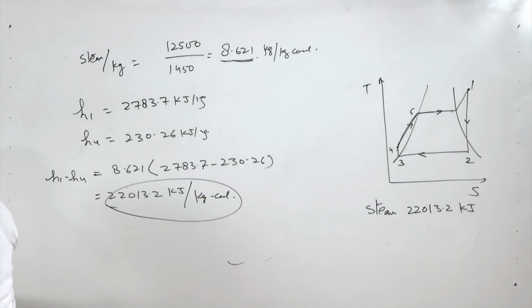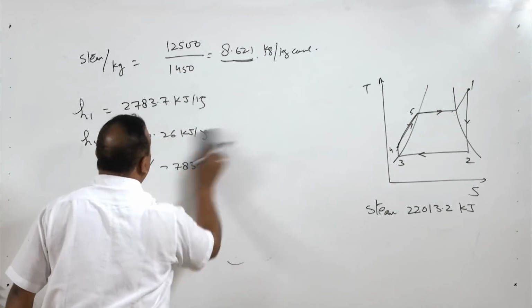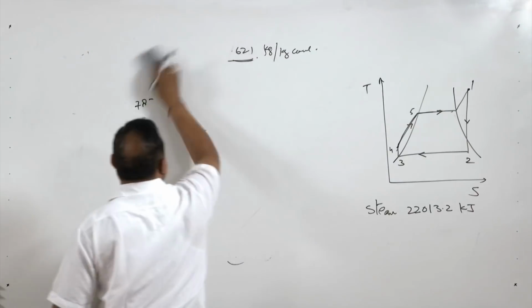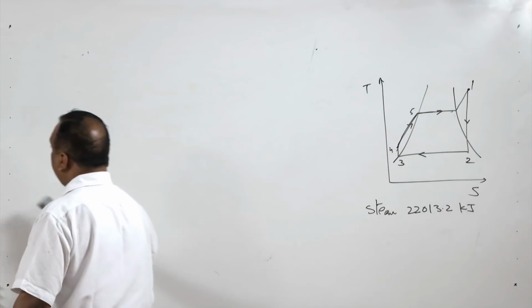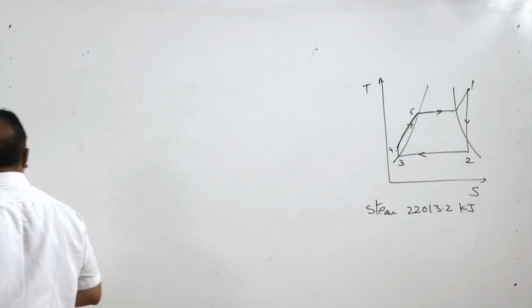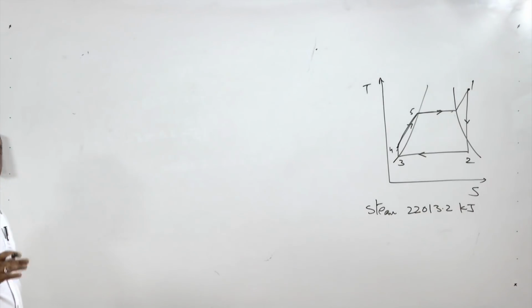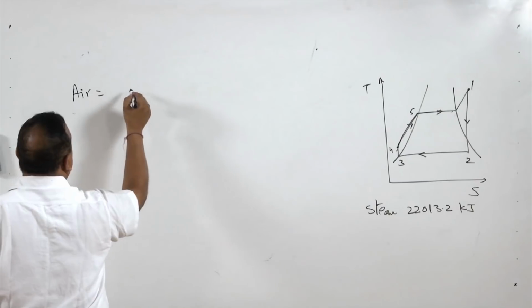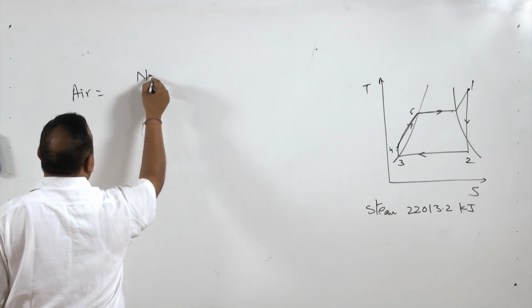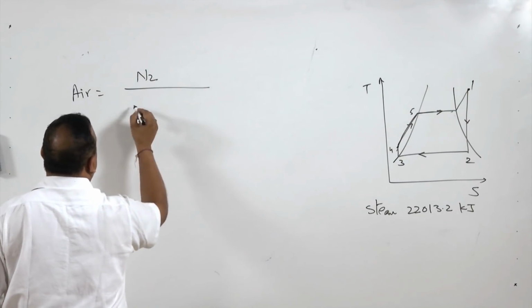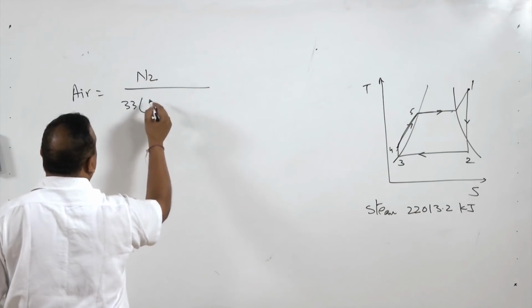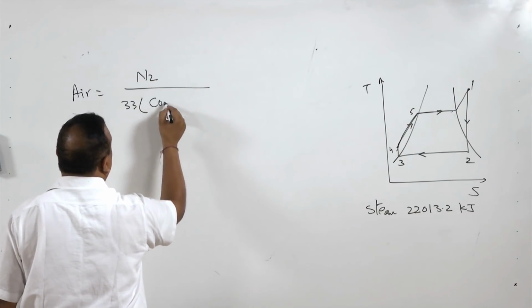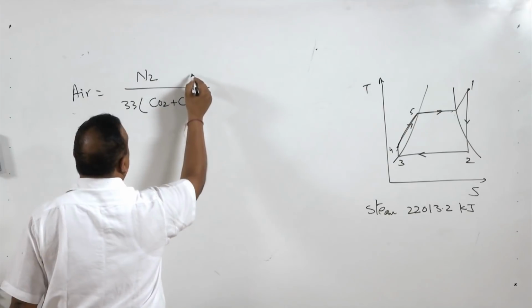Now air supplied. How much air is supplied for burning the fuel? Earlier we have already done a derivation, and using that formula we can easily find how much air is supplied. Air supplied is the volume of nitrogen in the volumetric analysis divided by 33 times the volume of CO2 plus the volume of CO, multiplied by the percentage of carbon.